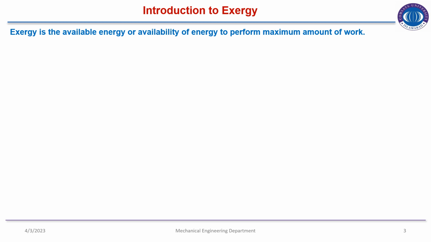For example, we have recently studied the chapter of cyclic heat engines. As you know, the Carnot heat engine is the reversible heat engine and it is the most efficient heat engine. So the efficiency of Carnot heat engine will always be greater than any other heat engine or actual or practical heat engines.